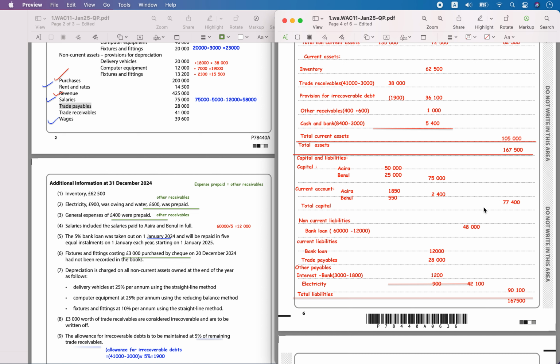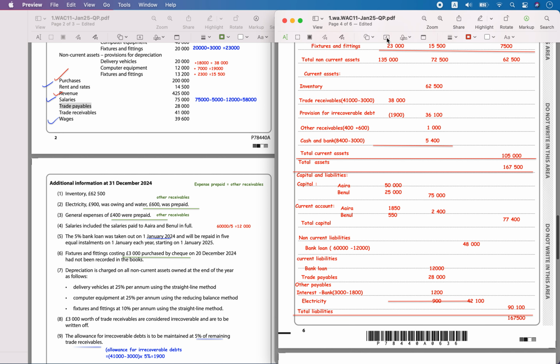So this is equal to total capital and liability.